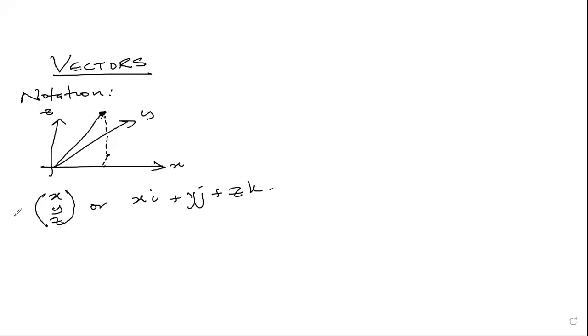All right, so our vector, let us say that it's from O to A. So we write down OA either as a three-dimensional component or in the ijk notation where i is the x direction, j is the y direction, and k is the z direction.